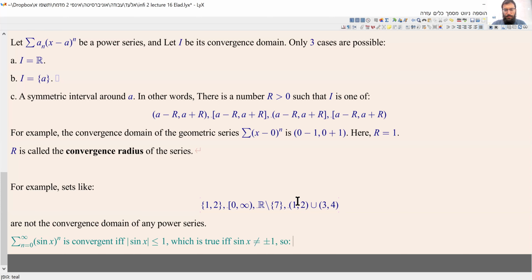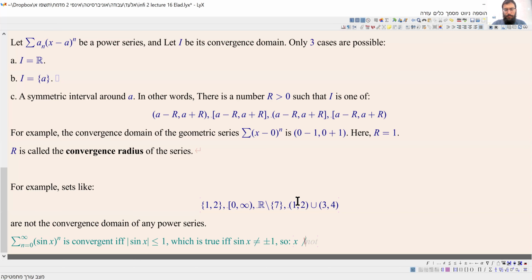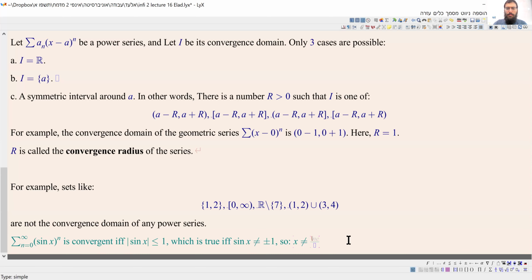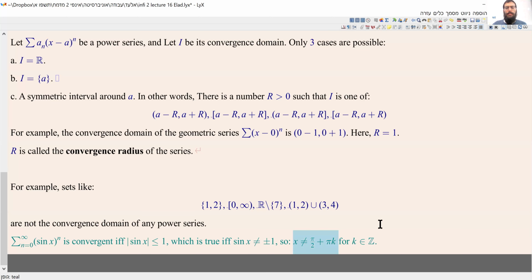So x is not pi over 2 plus pi k. For every x that is not pi over 2 plus pi k, the series of sin x to the power of n is convergent.